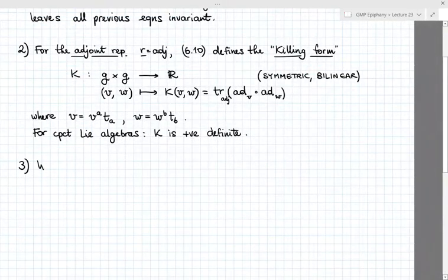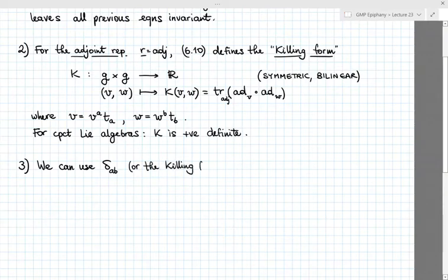So then we can use delta AB, or more precisely, the Killing form, to lower and its inverse to raise Lie algebra indices.